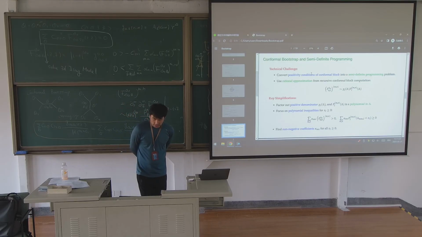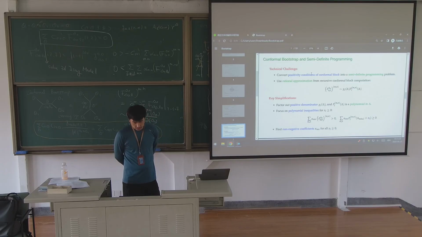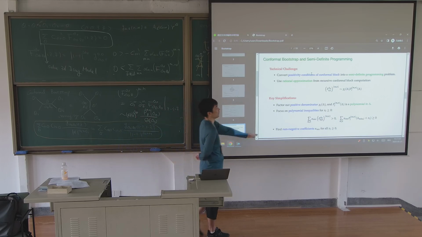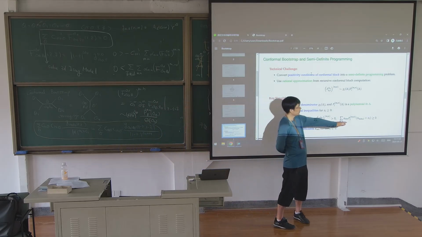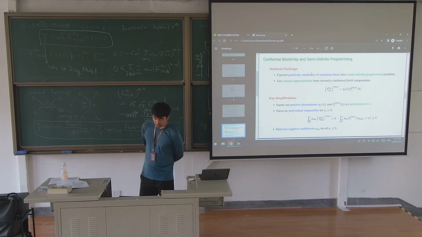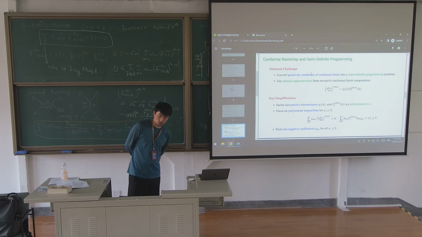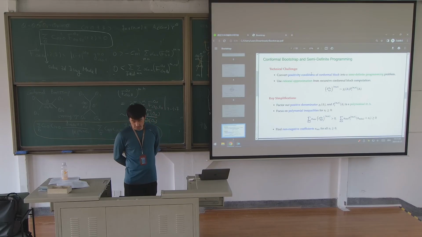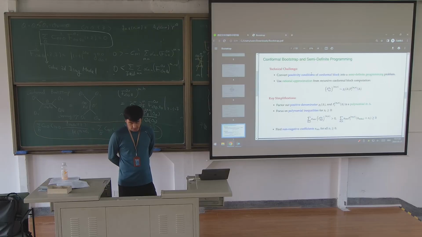And then the question is whether you can find the alpha mn such that these conditions are satisfied. If this is the case, you cannot solve the conformal bootstrap equation, so this delta will be excluded.